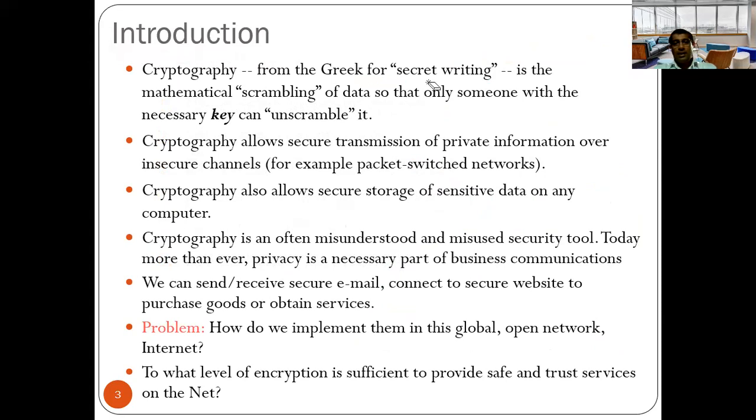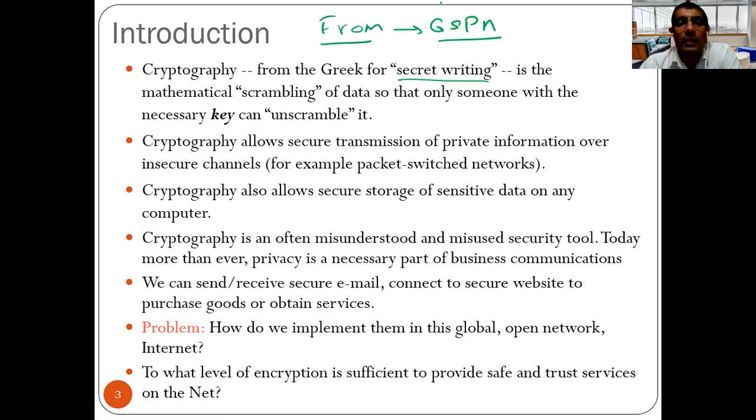So you can have secret writing, and secret writing means, let's say from, I will take the next letter. So I convert like this: F, G. So now "from" becomes GSPN. But we know that if you go one letter before each letter, that word is "from".